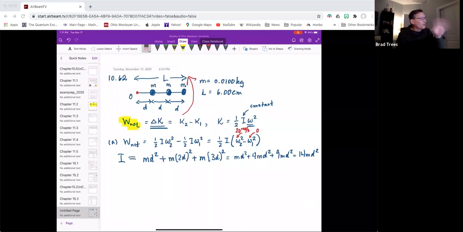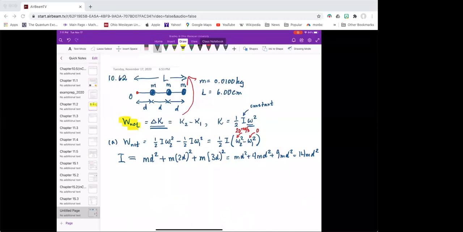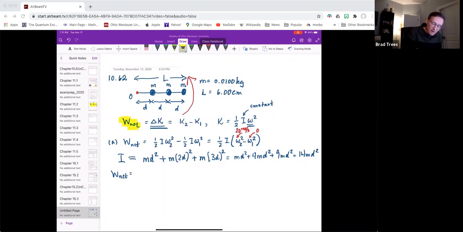And that I is not going to change. All that's going to change is that we're doing work on this thing somehow, cranking it, if you like, and it's just spinning faster and faster. That's what's physically happening. So to find out how much work we do in part A, I'm going to plug into this formula right over here: 1/2 I times omega 2 squared minus omega 1 squared.